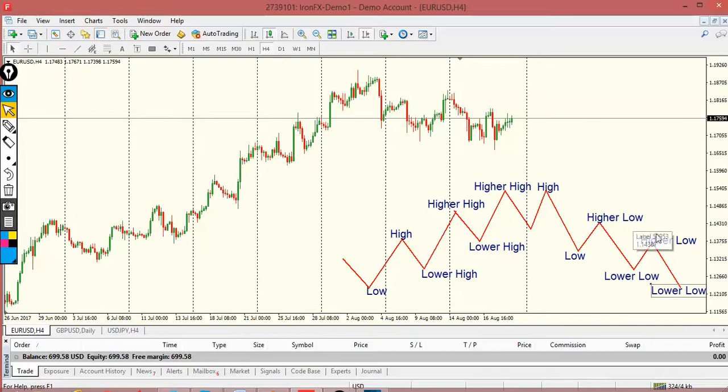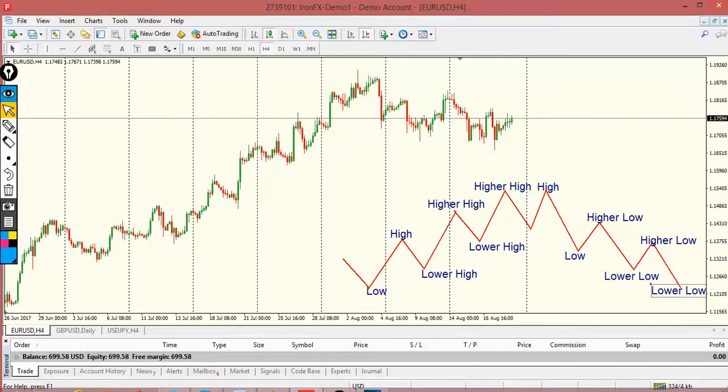Okay, then another higher low, then a lower low. So we say that when we have a higher low and a lower low formed, the market is in a downtrend. Here we say that when the market forms a lower high and a higher high, we are in an uptrend. Then when it forms a higher low and a lower low, we have a downtrend.